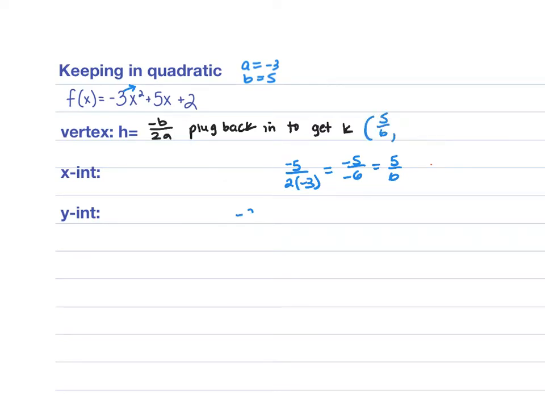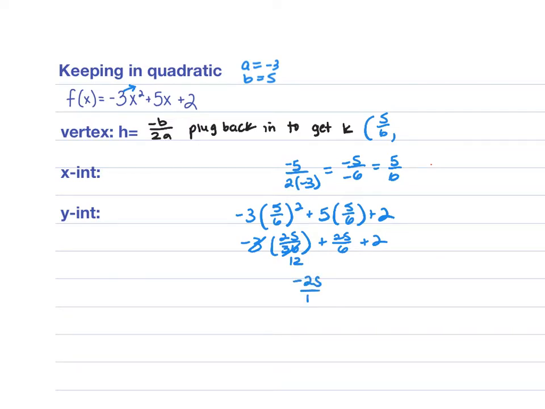Plug that back in, -3, 5/6 squared plus 5 times 5/6 plus 2. -3, 25 over 36 plus 25 over 6 plus 2. 3 goes into 36 12 times, -25 over 12, multiply by 2 here, 50 over 12, put this over 1, multiply by 6 here, by 12 here, and it's 24 over 12.